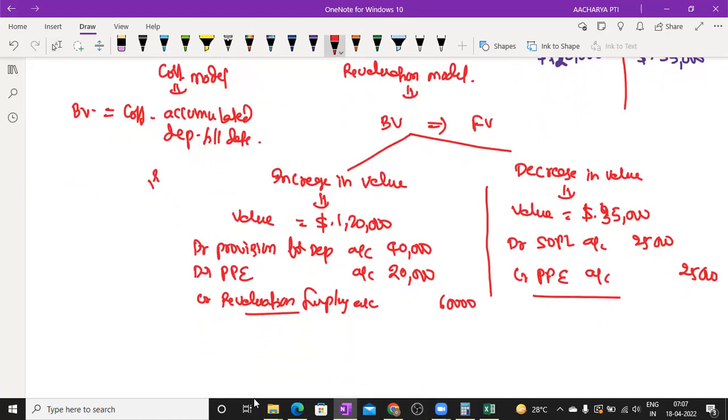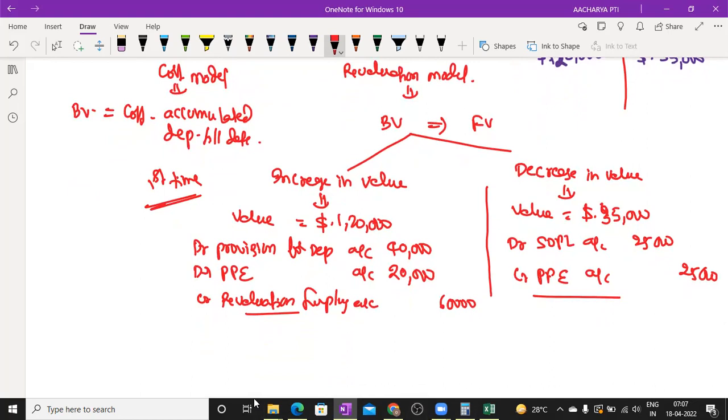So this is the first-time revaluation. Generally the book value of the asset is compared with fair value at the end of every year, which means we need to carry out the revaluation at the end of every year. While reviewing in a subsequent period, it may result in either an increase or a decrease in value of an asset.